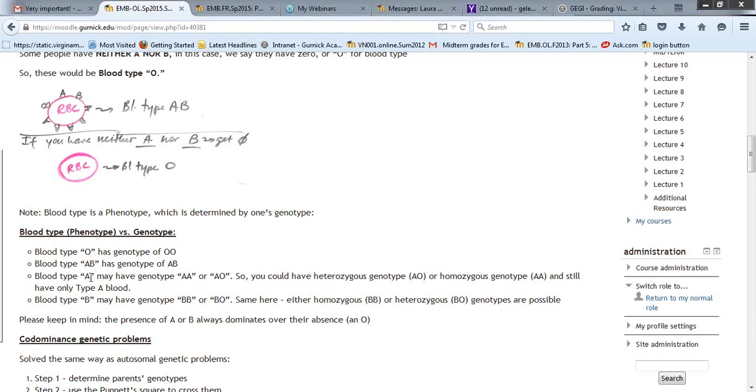So blood type A. If you have blood type A, remember blood type is a phenotype which is a result of a genotype.